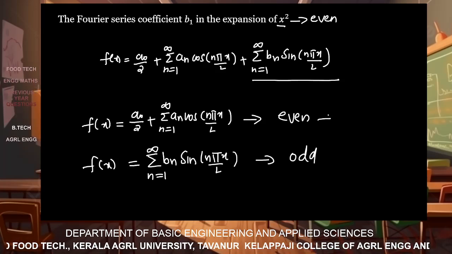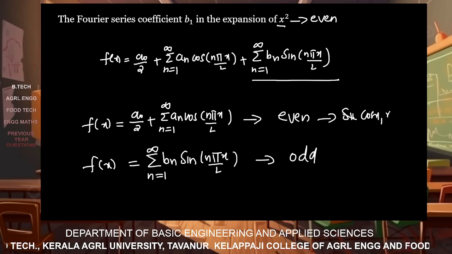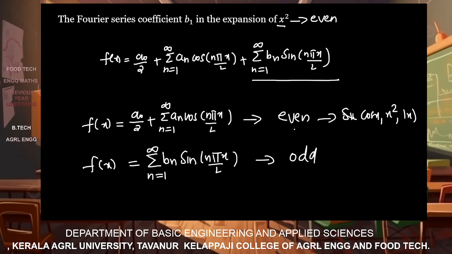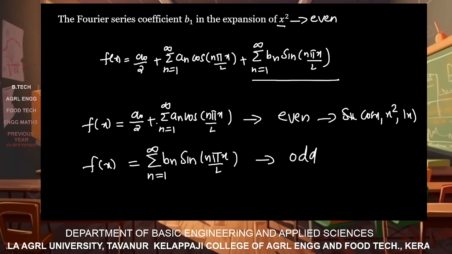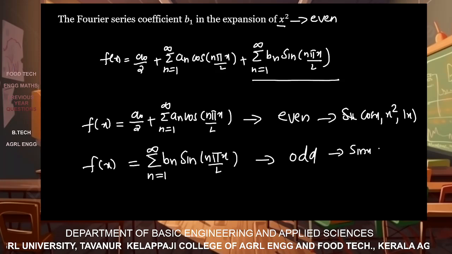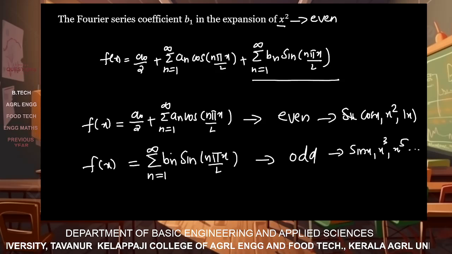For even functions, for example cos x, x square, mod x, etc., we have only a terms, a naught and an. For functions like sin x, x cube, x raised to 5, etc., it will be the sine series.